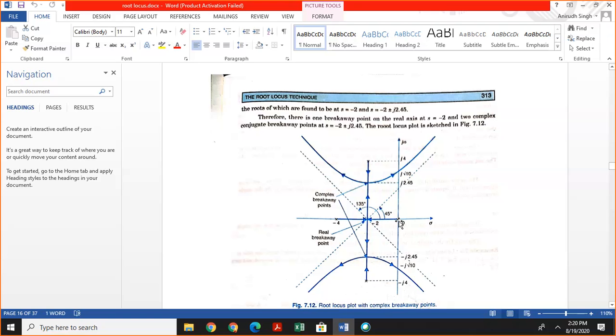When summation of zeros and poles is odd to the right of that point, then root locus lies in that region. But in this region there is no root locus because if we consider any point, to the right of that point, the sum of poles and zeros is even, which is 2. It means that there is no root locus in this region.